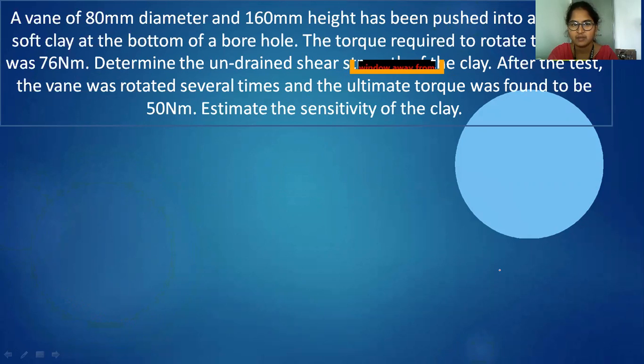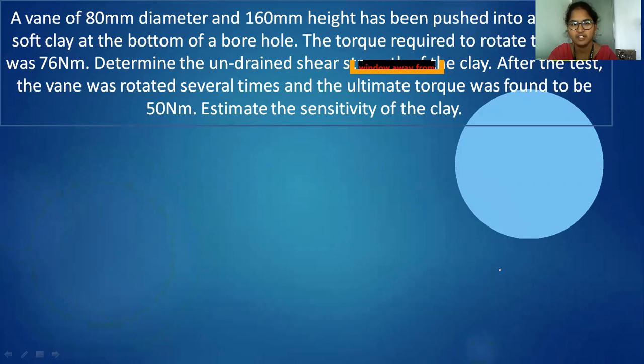A vane of 80 mm diameter and 160 mm height has been pushed into an in situ soft clay at the bottom of a borehole. The torque required to rotate the vane was 76 Newton meter. Determine the undrained shear strength of the clay.